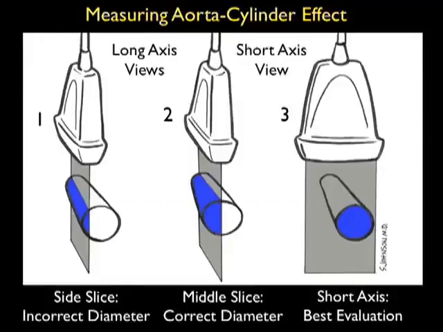Positioning the probe towards the middle of the image, as shown in probe position 2, will get a correct diameter, but this can be difficult to ascertain using the long-axis orientation. A better orientation is to position the probe in the short-axis configuration as shown in probe position 3. One can then get a sense of the true lumen and get the best measurements of the abdominal aortic aneurysm.